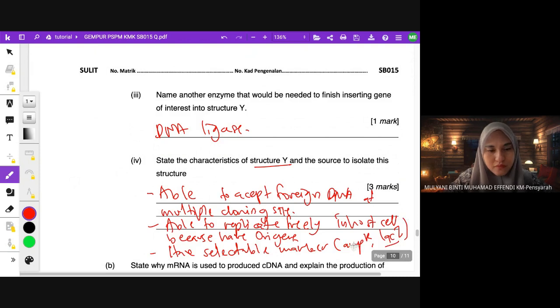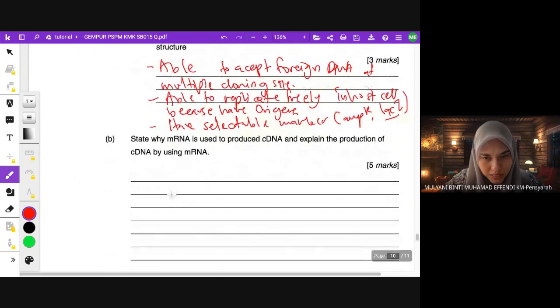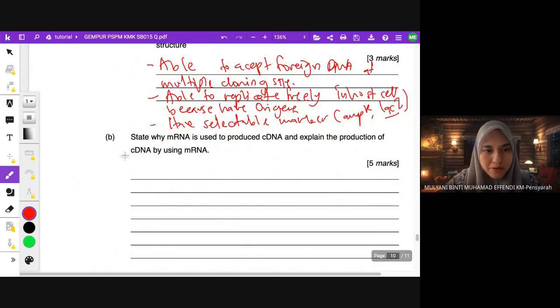Macam tu. Okay. So, state why mRNA is used to produce cDNA and explain the production of cDNA. So, kita kena start daripada penggunaan mRNA lah. Okay, so mRNA only have exons. Okay, so baguslah kita guna mRNA sebab ada exon sahaja sebab dia dah undergo mRNA modification tu.